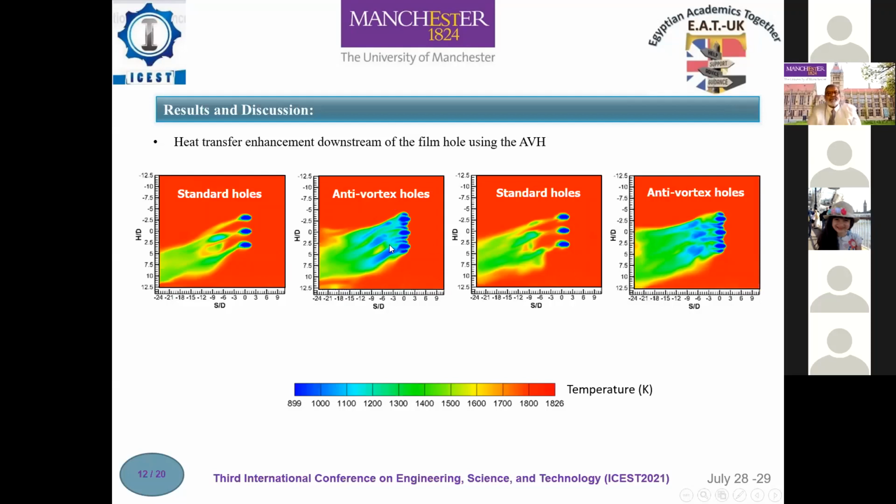By comparing the anti-vortex cases with the standard case, the film coverage improved by 50 to 60% at low blowing ratios, while it improved more than 100% at high blowing ratios.